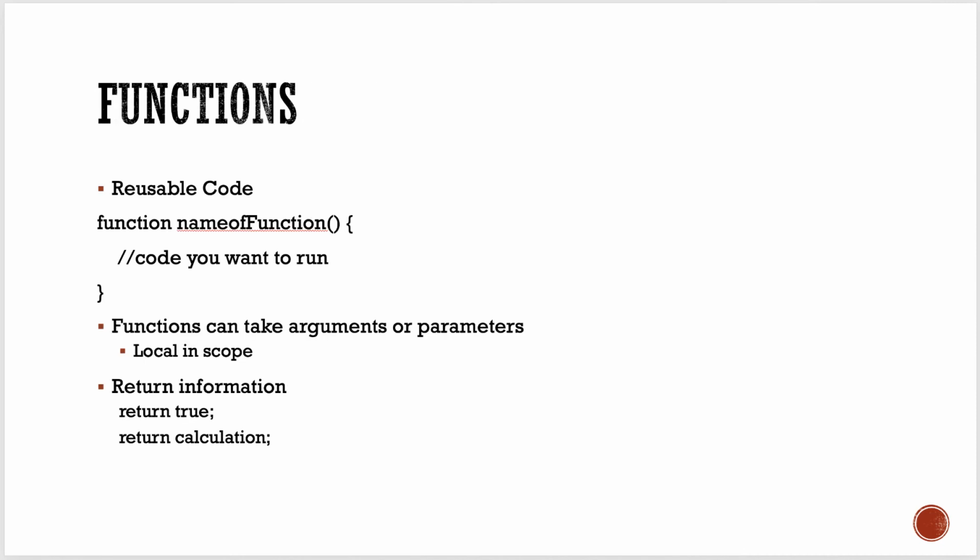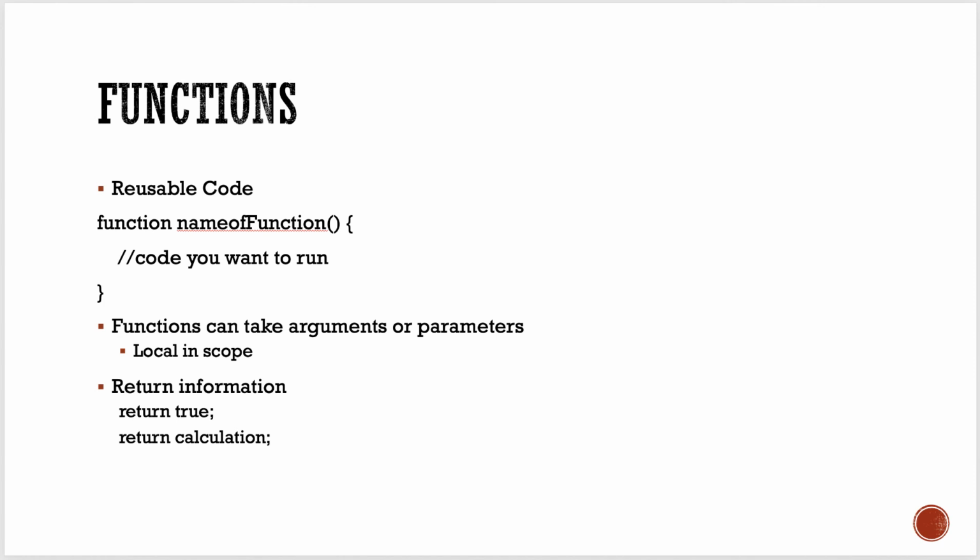One of the most important aspects of JavaScript are functions. Most of the JavaScript that we write will be in the form of functions. And functions are basically reusable code. They allow us to encapsulate distinct pieces of functionality that we can reuse over multiple pages, over multiple elements of an HTML document.